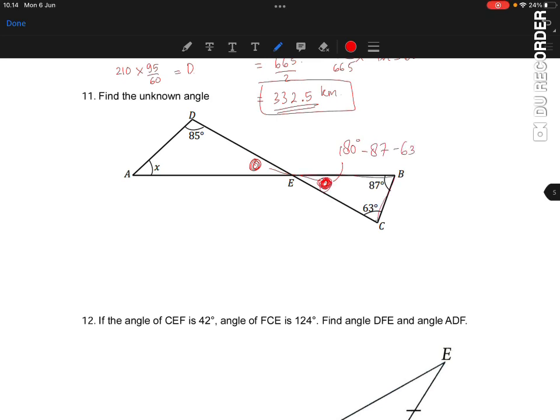Use this triangle, so you will get 180 minus 87 minus 63. Then you will have 30. This one is 30 degrees and this one is also 30 degrees by opposite angle, vertically opposite angle.